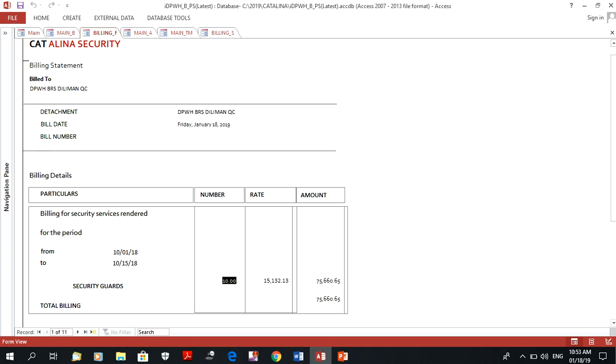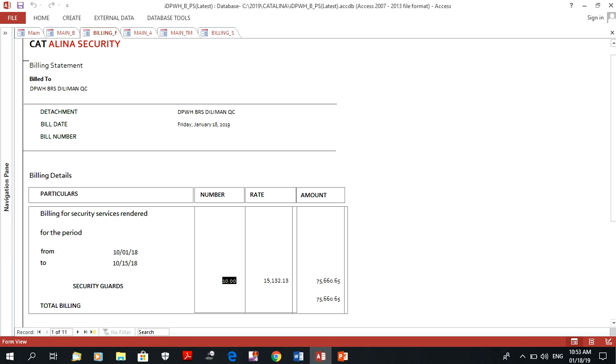Normally, the count of the number of employees is based on name, but in this case it cannot, because let's say a worker or an employee works for the 1 to 15 and may not be working for the second pay period. That will confuse the system on how to count which employees were present and which were not.